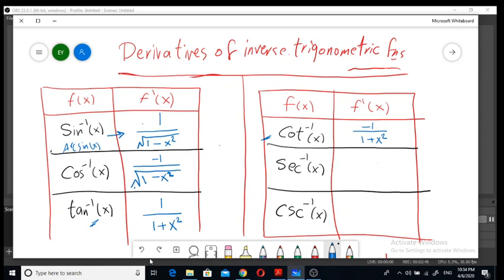And the first derivative of sec inverse of x will be 1 over absolute value of x times the square root of x squared minus 1.